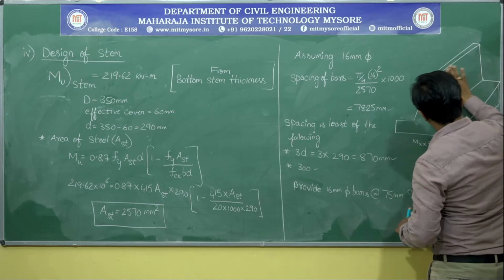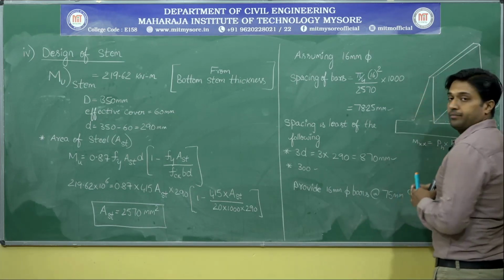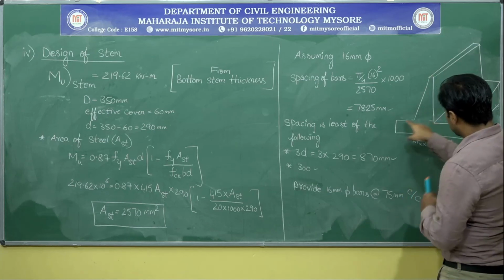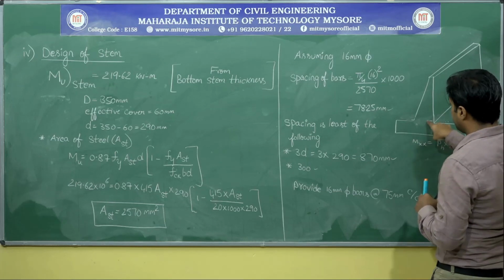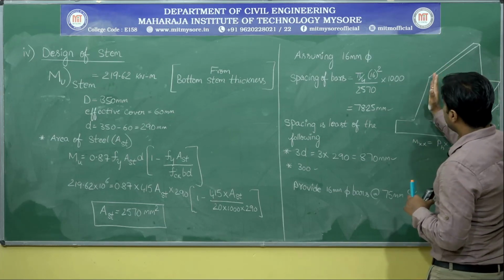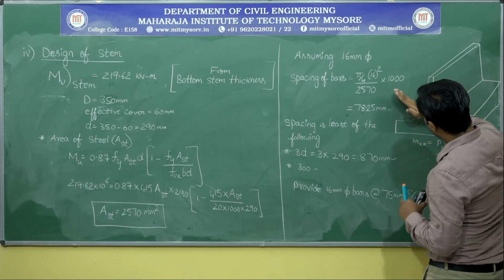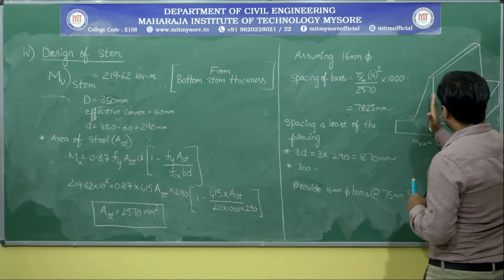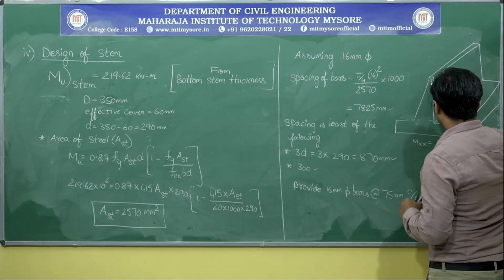Here the soil is exerting the load onto the stem and it tries to bend. Don't you think that it acts as a cantilever beam? Because it is connected only at this particular junction, so it is free at the other end. Whenever the soil pressure is applied on it, it tries to bend in this direction. So I need to provide the main bars over here.